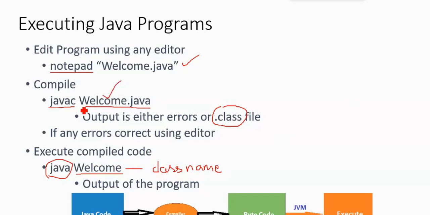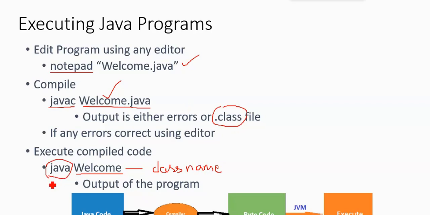It is not necessary to give only the class name. But we give the class name because it is easy to remember, and also easy when giving it to the Java interpreter. Otherwise, say for example, instead of welcome.java, if I give w.java, after compilation the class file produced is not w.class, it will be welcome.class.